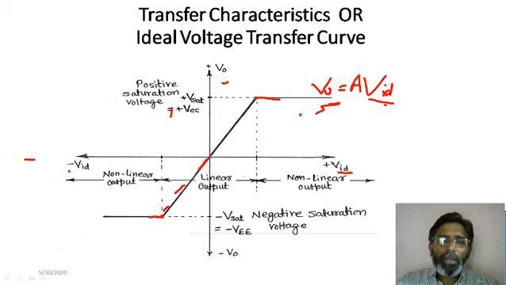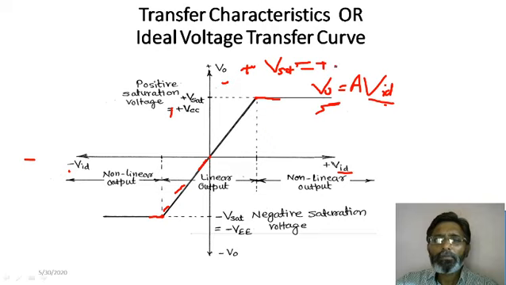And remember, this plus Vsat is equal to plus Vcc for the ideal op amp.